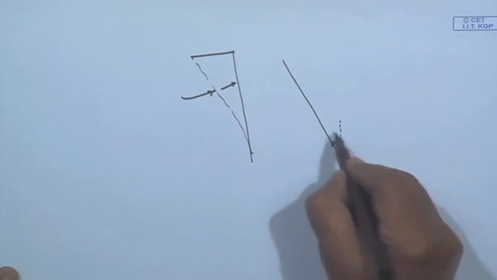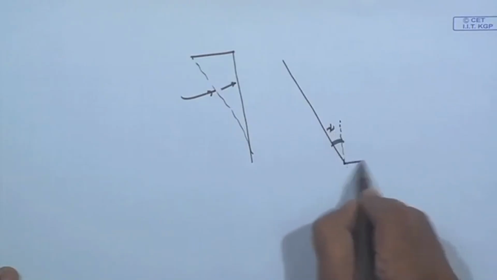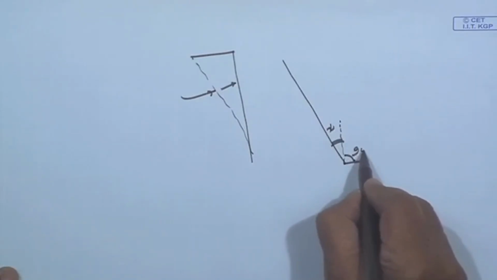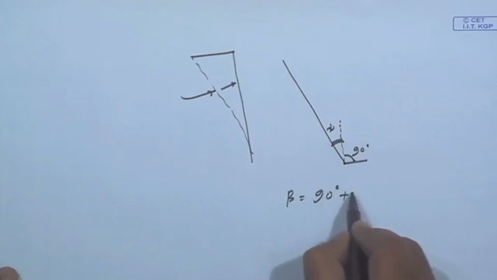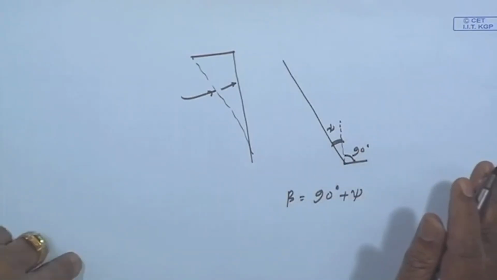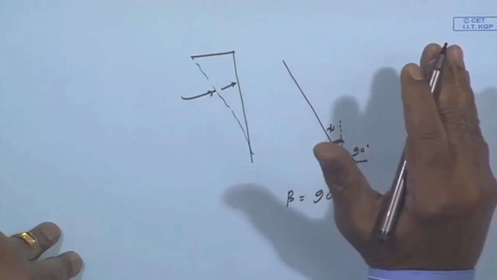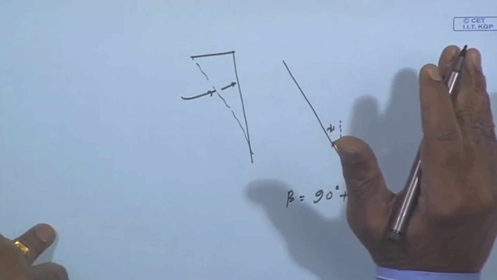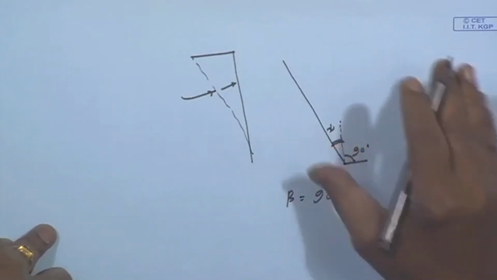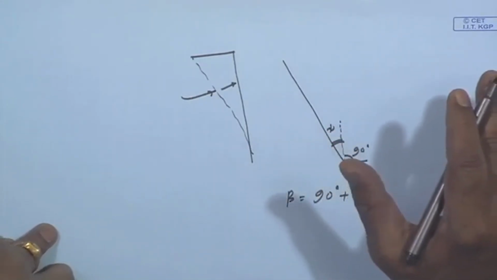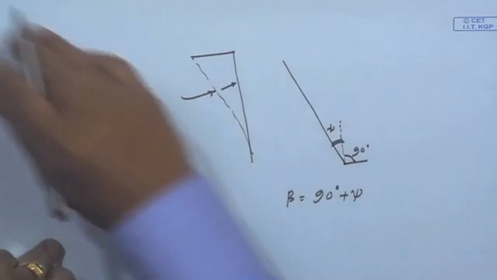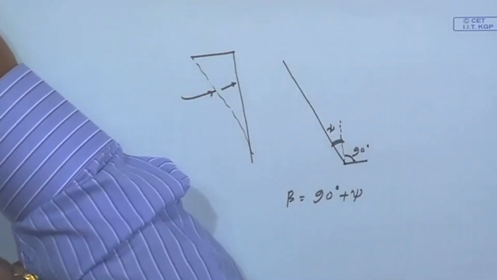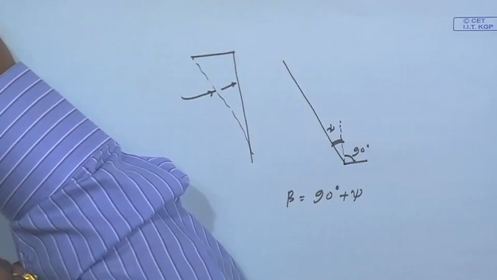This is psi, and this is 90 degrees, so beta is 90 degrees plus psi. This is a tilted surface facing whatever the azimuthal angle of the window is, with a beta equal to 90 plus psi. Just evaluate R_b bar for that. Correspondingly, you can write down your F_i bar infinity in terms of tan psi by R_b, etc.